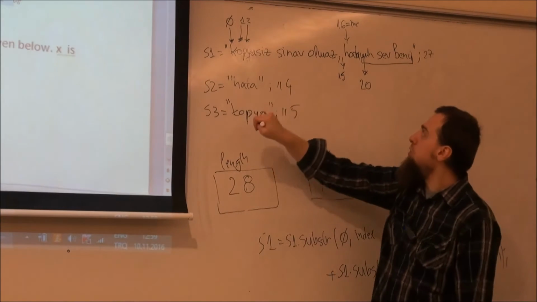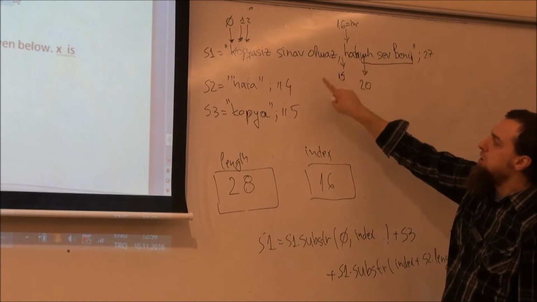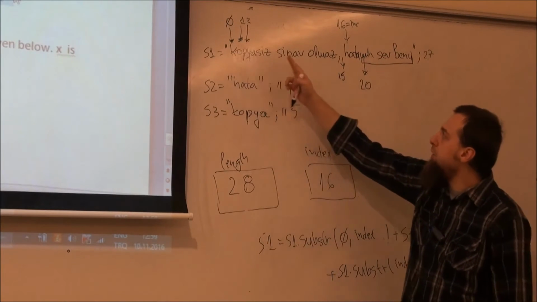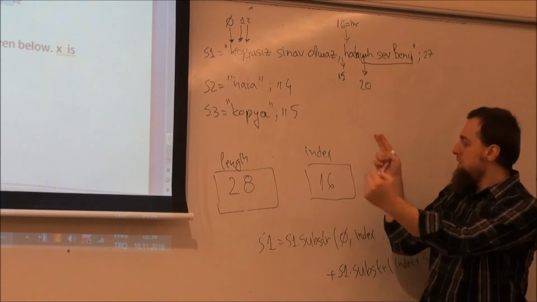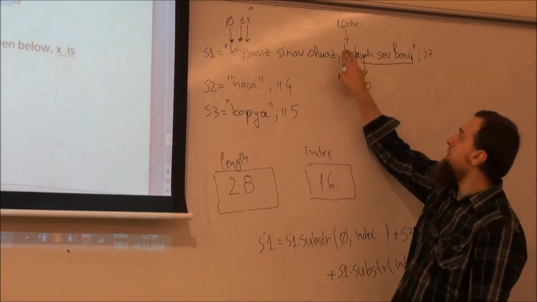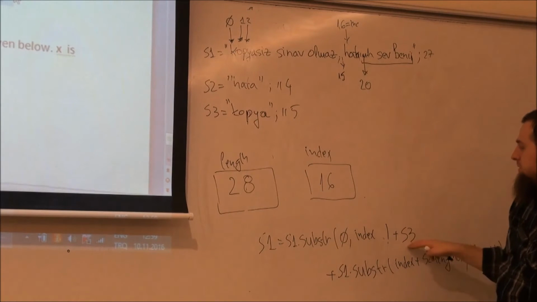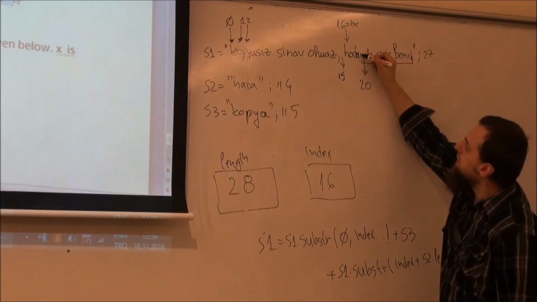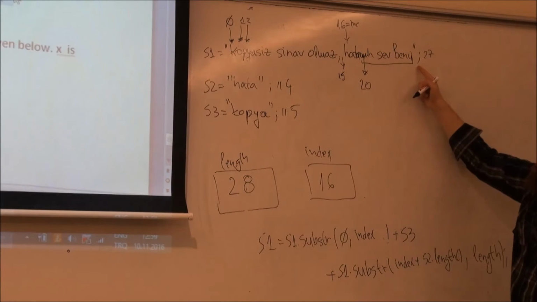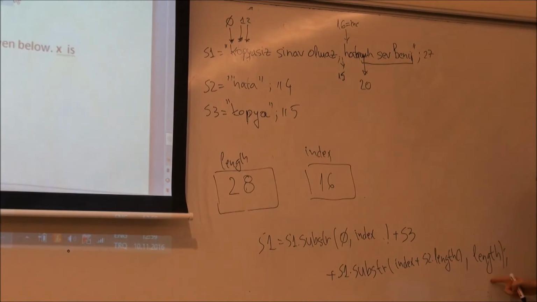That's why, in order to replace this hata with this copia, I'm going to just take this substring. I'm going to add the copia here. Okay, this is the copia. And I'm going to also add, after the copia, this part here. Okay? And this is how I get it.